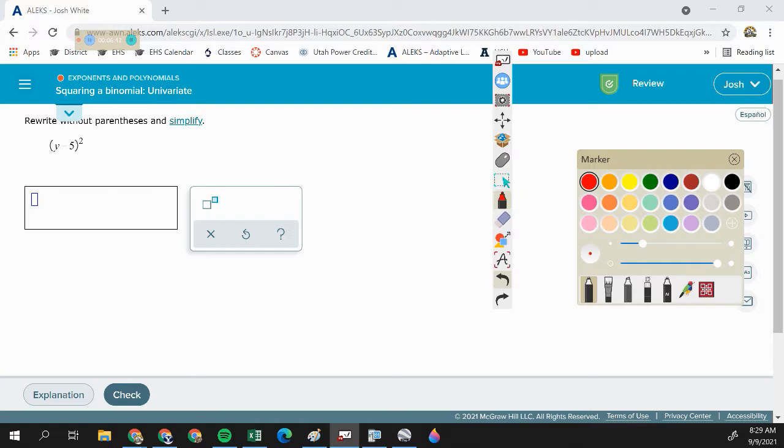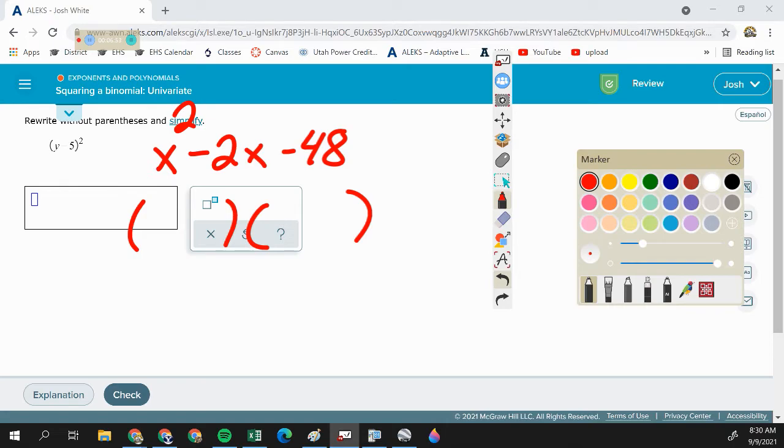Okay, what if I have something like this? Sometimes it's valuable to break this 48 down into its factor pairs. So I write 48 over here. What multiplies to be 48?